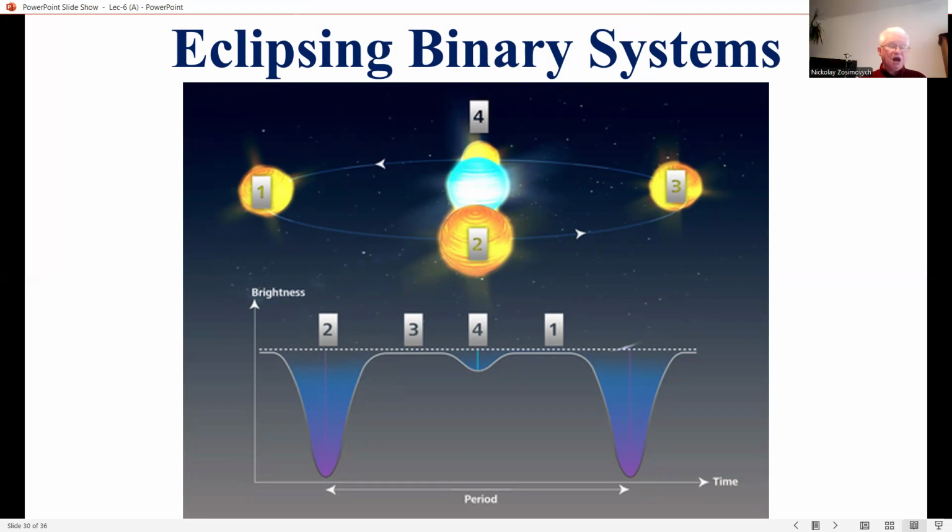The small star crosses in front of the large star, and then, half an orbit later, the large star crosses in front of the small star. When one star moves in front of the other, it blocks some of the light, and the star is eclipsed. Such a system is called an eclipsing binary system.